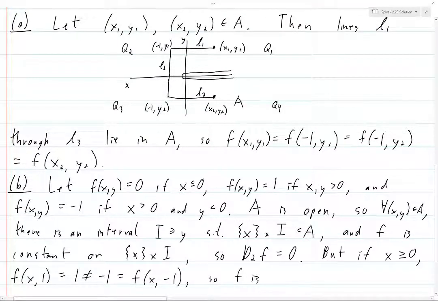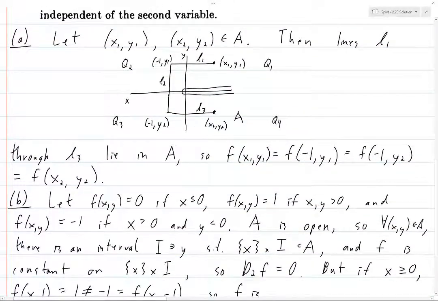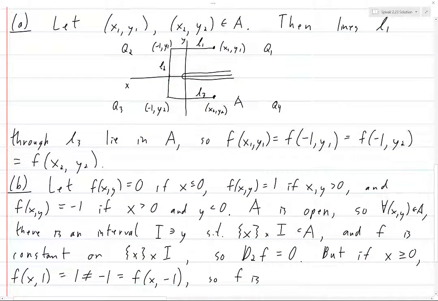So f is not independent of the second variable, not independent of y. And so there you go. Alright, so that's all that we need to prove here.